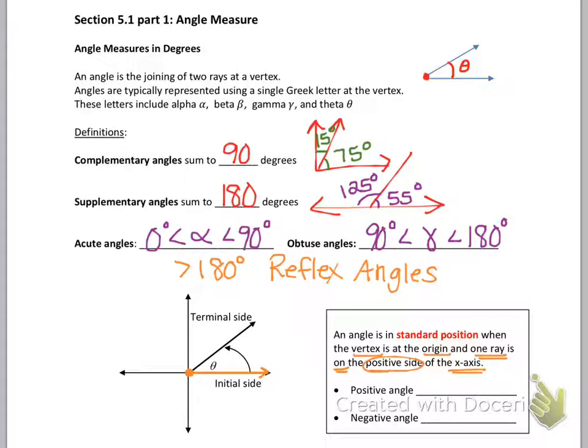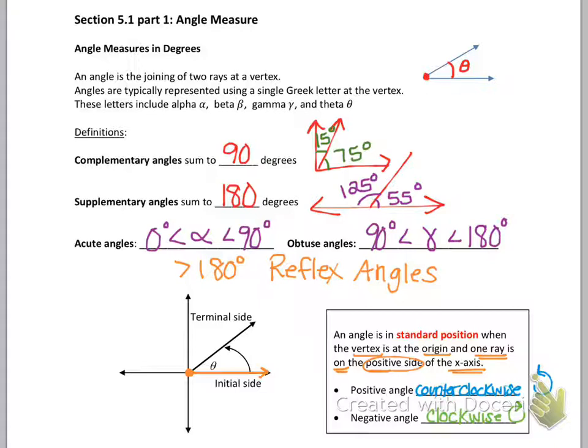So a positive angle is when we go counterclockwise. And therefore, we would go around like this. And a negative angle is when we would just go clockwise. And we would go in the other direction.